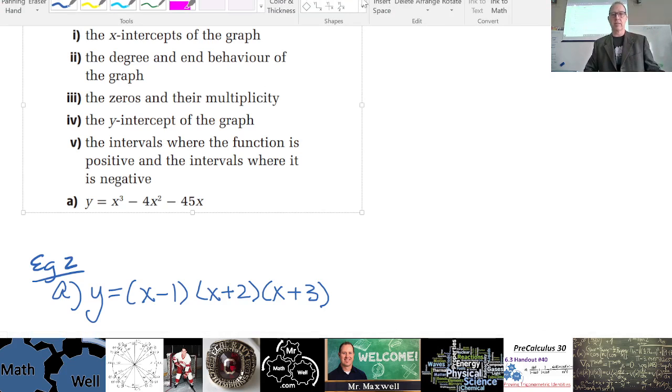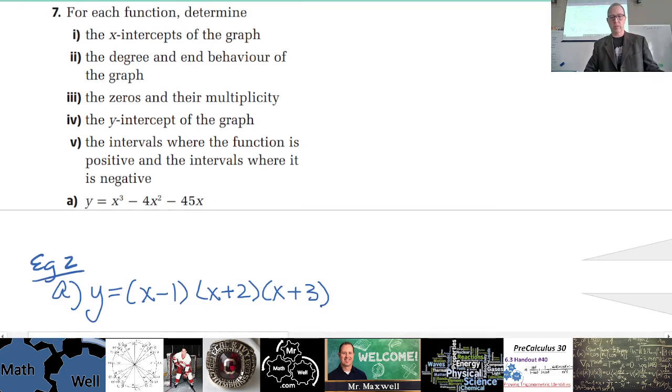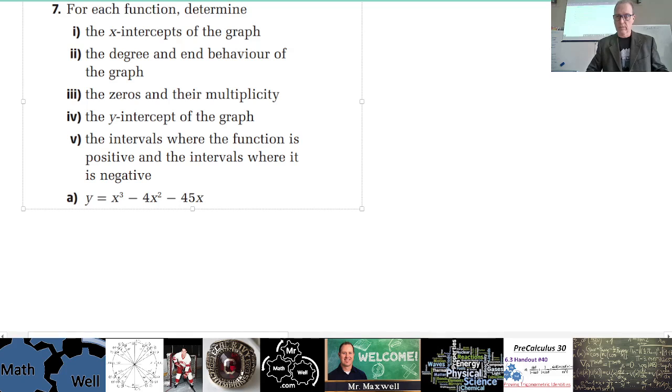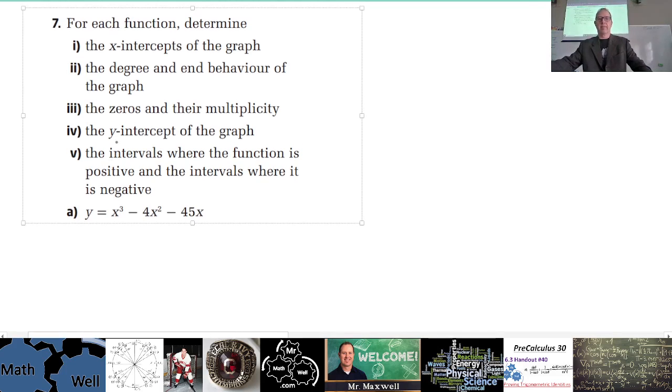So let me just make some space here for us. All right, so find the x-intercepts, find the degree and the end behavior, zeros and multiplicities, y-intercept, and then the intervals where the function is positive and negative. We haven't focused a lot on that yet, but let's go over this question.